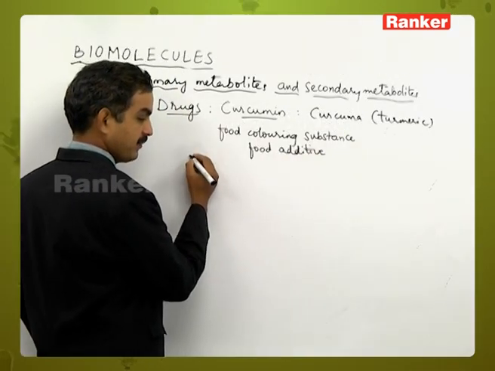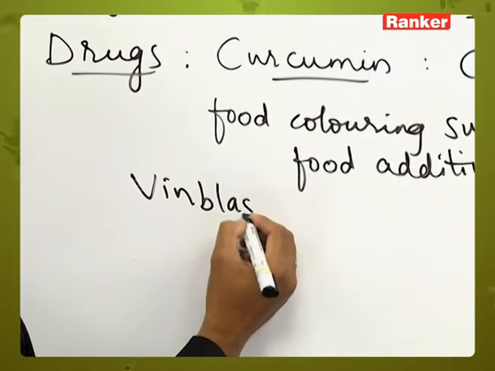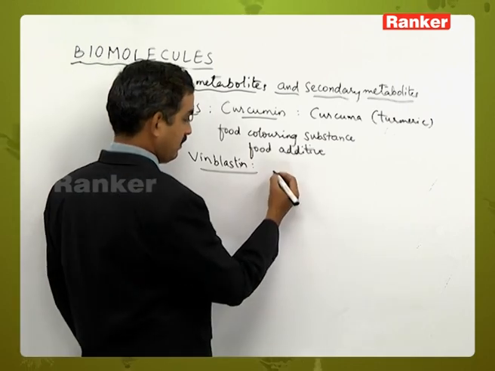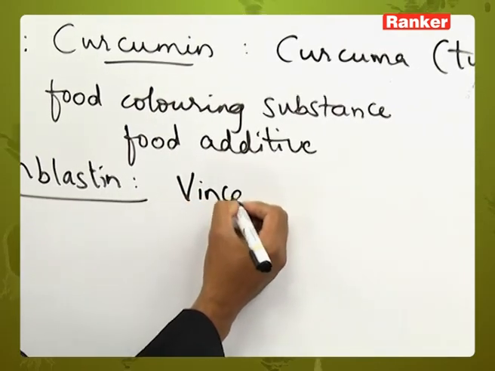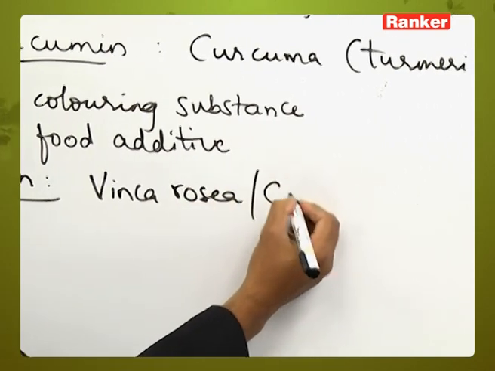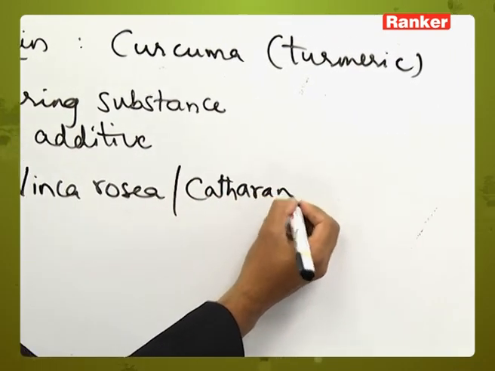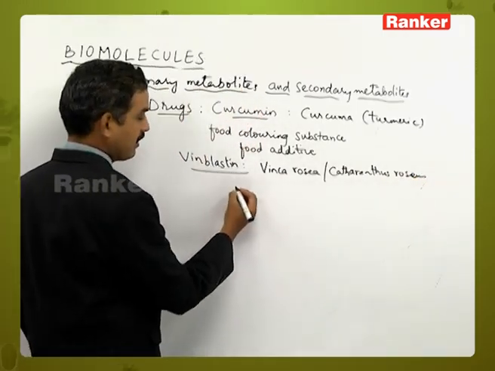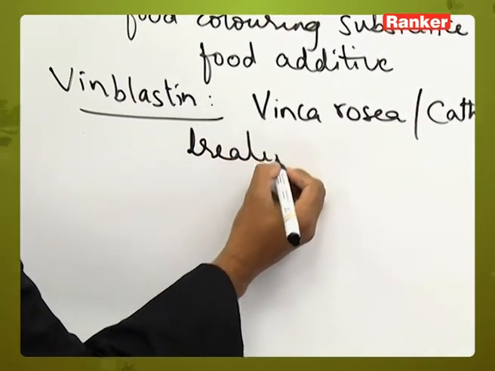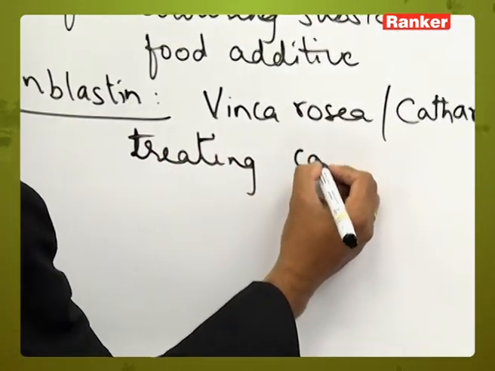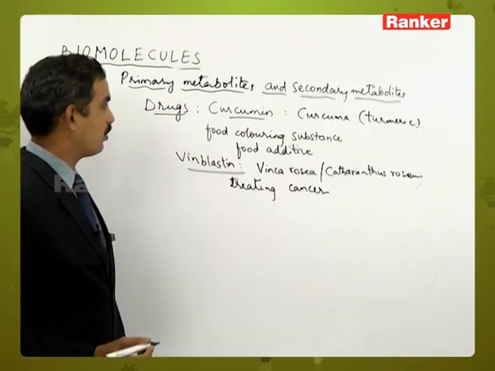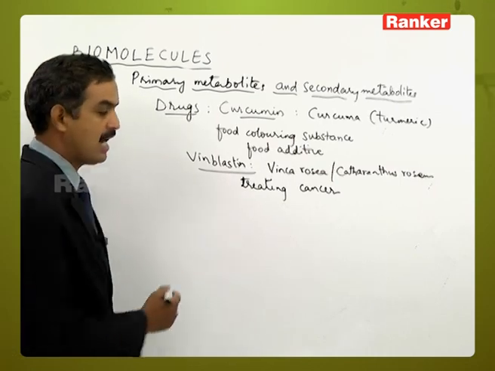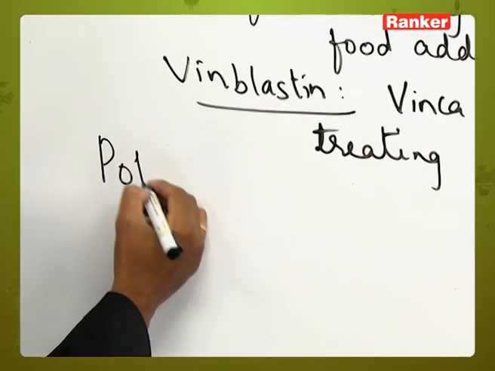Then the other one is vinblastine. Vinblastine is extracted from Vinca rosea or Catharanthus roseus, the Catharanthus plant. This is useful for treating various types of cancers. So these are two drugs extracted from different plants which act as secondary metabolites, and others are polymeric substances.